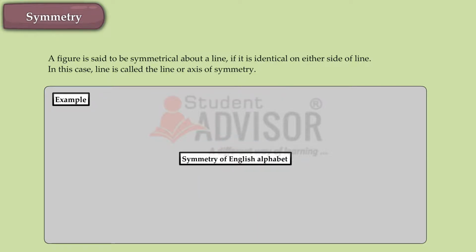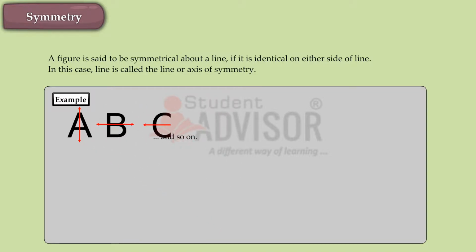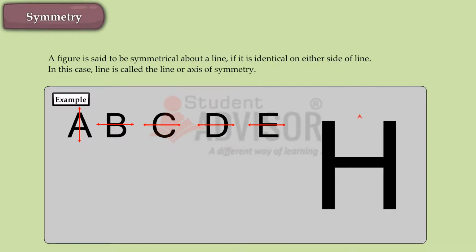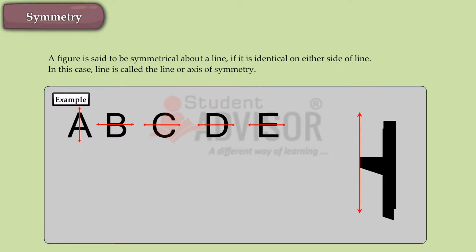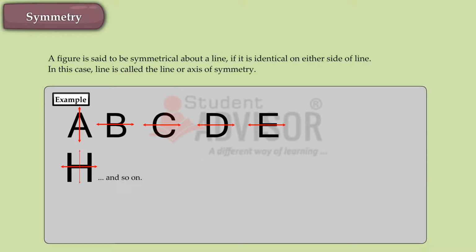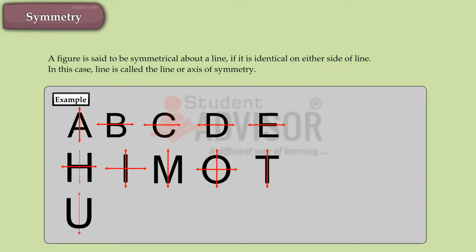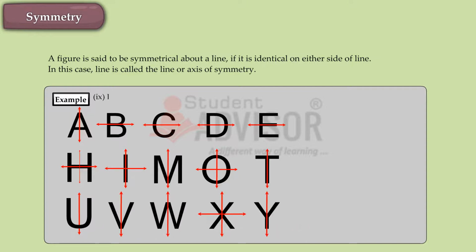Symmetry of English alphabet. Each of the following capital letters of the English alphabet is symmetrical about the dotted line or lines as shown, and so on.